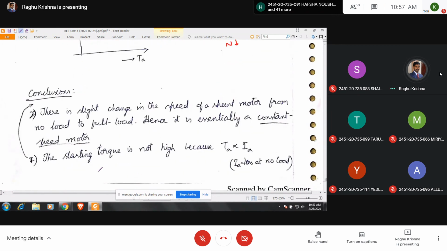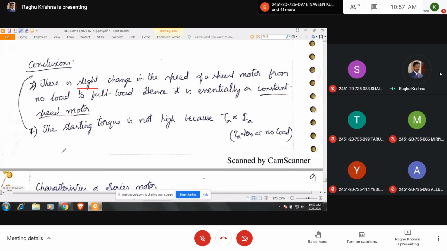So, conclusions. There is a slight change in the speed of a shunt motor from no load to full load. Hence it is essentially a constant speed motor. So the shunt motor is a constant speed motor.